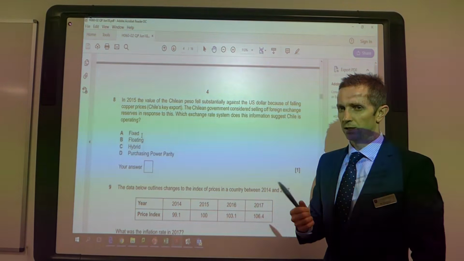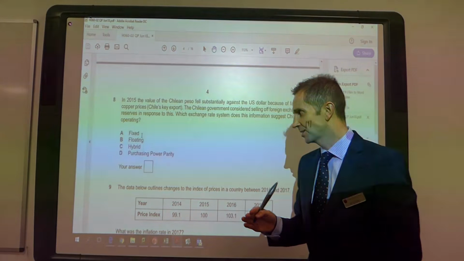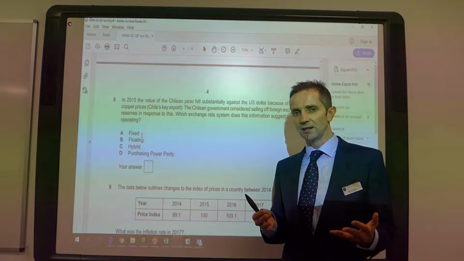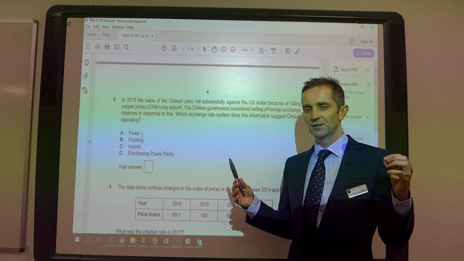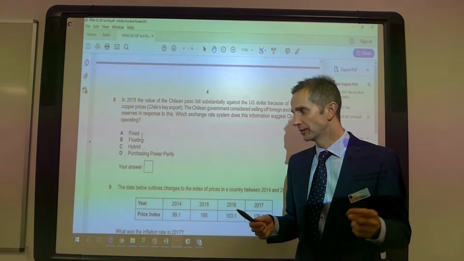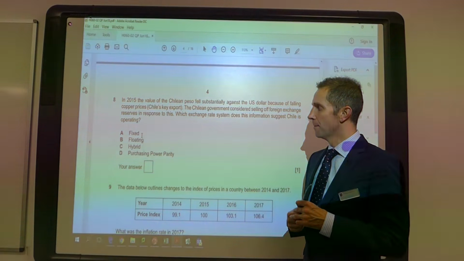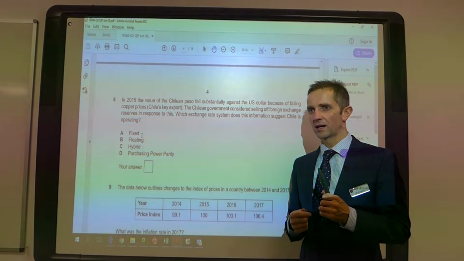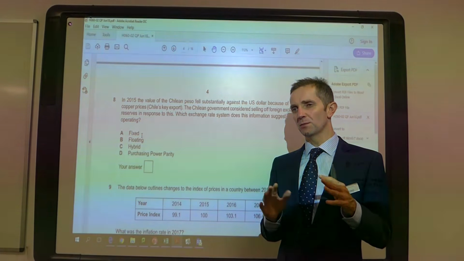So students in the past, when they've been considering, for example, fixed exchange rates, will have looked, for example, at the gold standard, whereby currencies were locked in at a specific price and value of gold, and truly fixed in that sense.